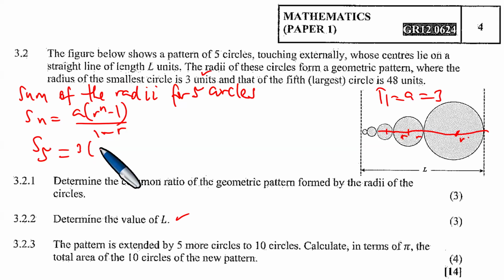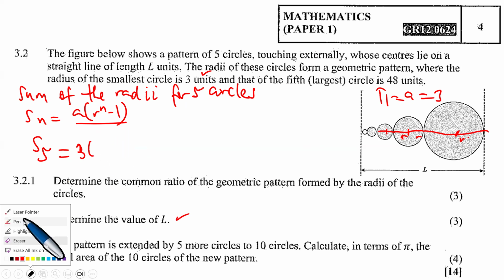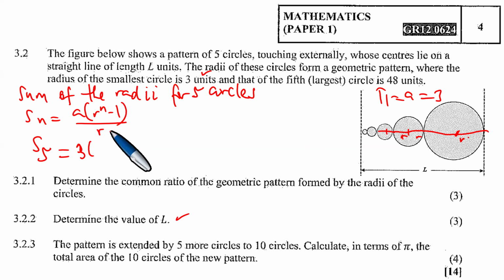So we put 3 here. We can use any of these formulas, so let's use this one here: R to the power n minus 1 divided by R minus 1, so that it's 2 to the power 5.